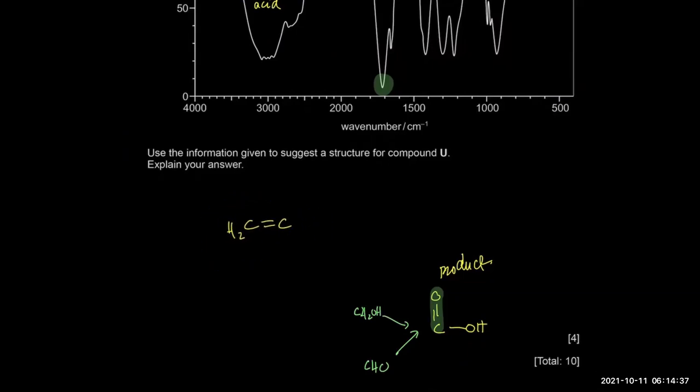My question is this: if it was a CH2OH, can I say I'll have 10 hydrogen atoms? I'll have a total of 10 hydrogen atoms. But it can't have 10.